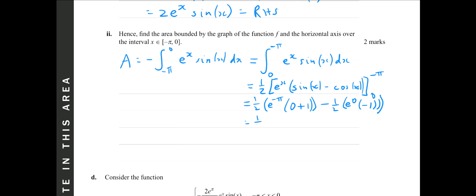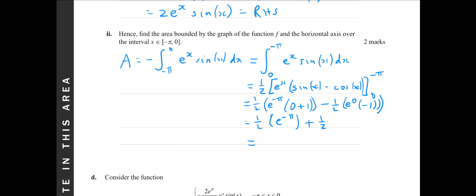So that's 1 half. E to the negative pi times 1 is just e to the negative pi. And then we have negative half times e to the 0 is just 1. 1 times neg 1 is neg 1. Neg half times neg 1 is positive half.